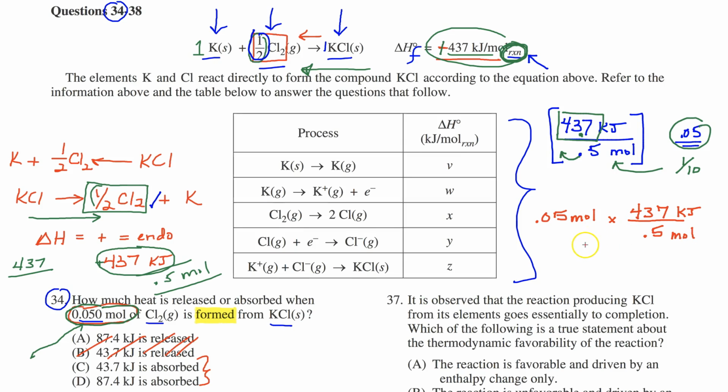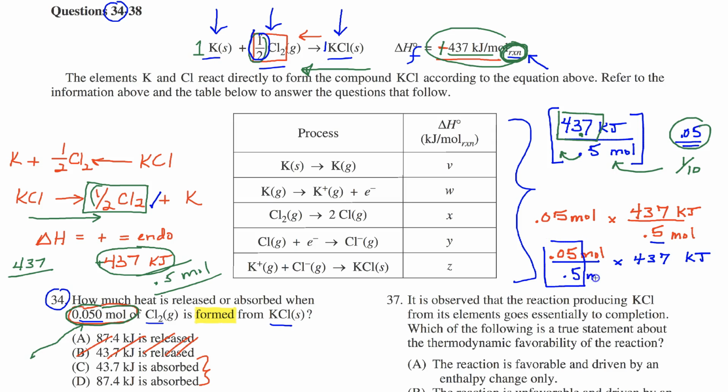However, you may not be able to do this in your head or longhand, but I do mathematically. Isn't this the same thing as saying 0.05 mole over this guy right here, 0.5, and then we'll times it by 437 kilojoules? Well, you can probably do this in your head, right?